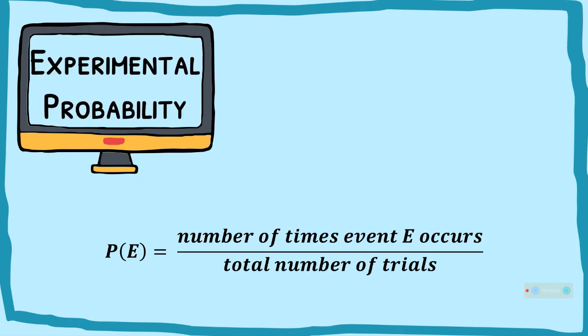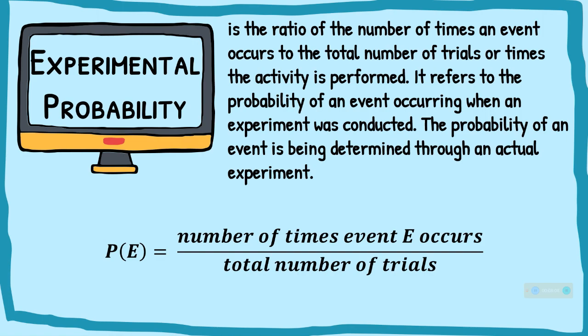While for the experimental probability, it is the ratio of the number of times an event occurs to the total number of trials or times the activity is performed. It refers to the probability of an event occurring when an experiment was conducted.